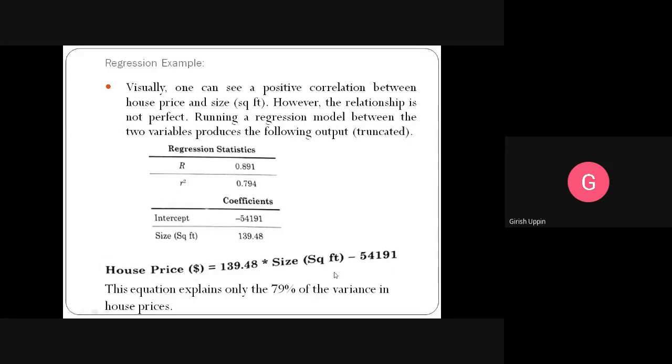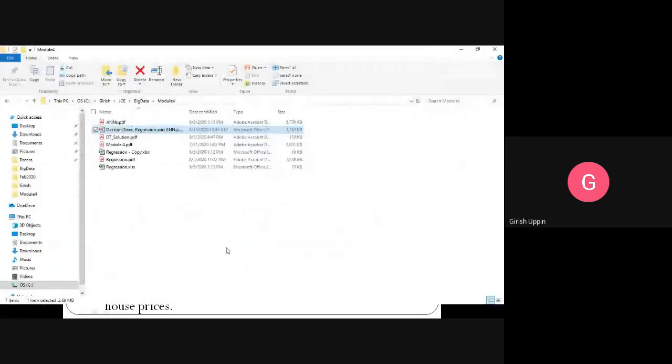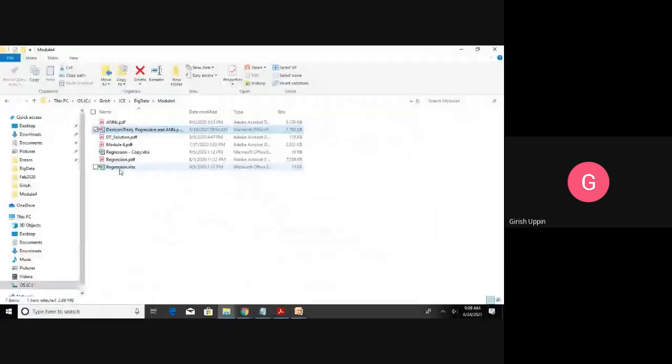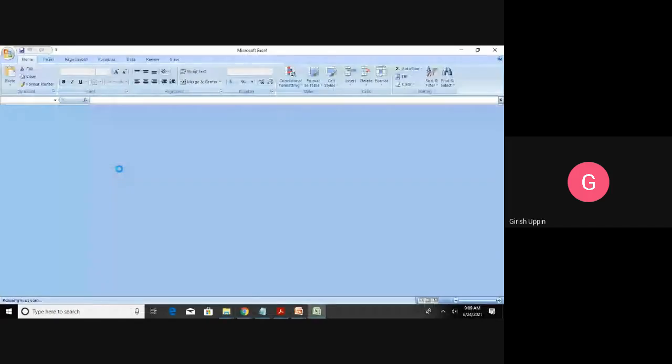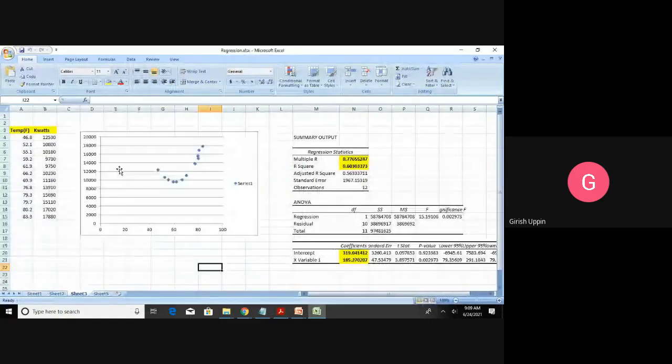Now, in your book, this analysis has been done in the background, and directly they have given these values. For your understanding, I have used simple Excel, and I have shown you how we are going to get these particular values. This is sheet 1.